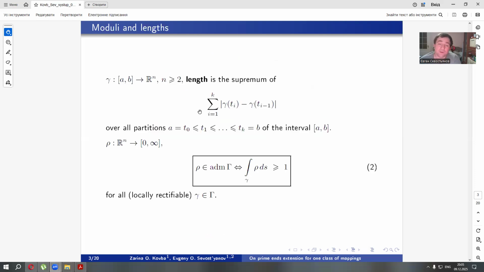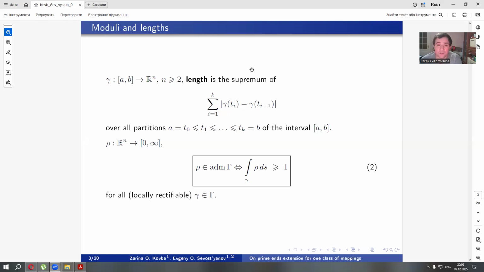In the next picture, we recall some definitions related to the modulus of families of paths. Recall that a path is a continuous mapping of an interval or a segment in R^n, and the length of the path is defined as a supremum of the sums of this type on the picture.